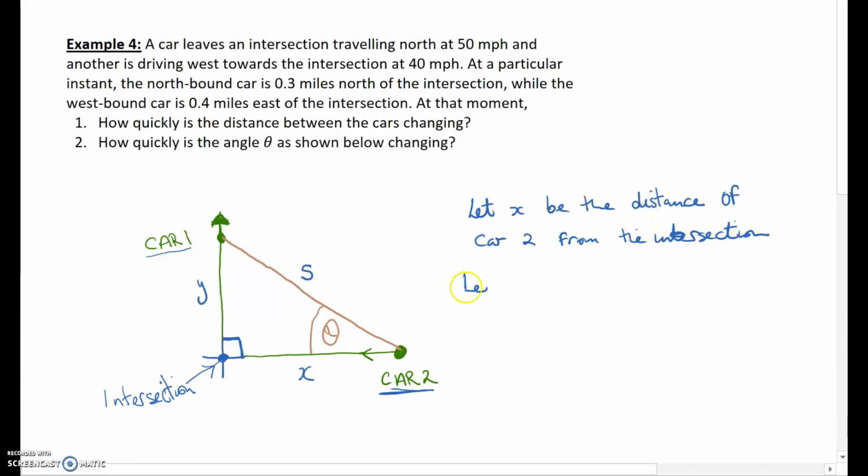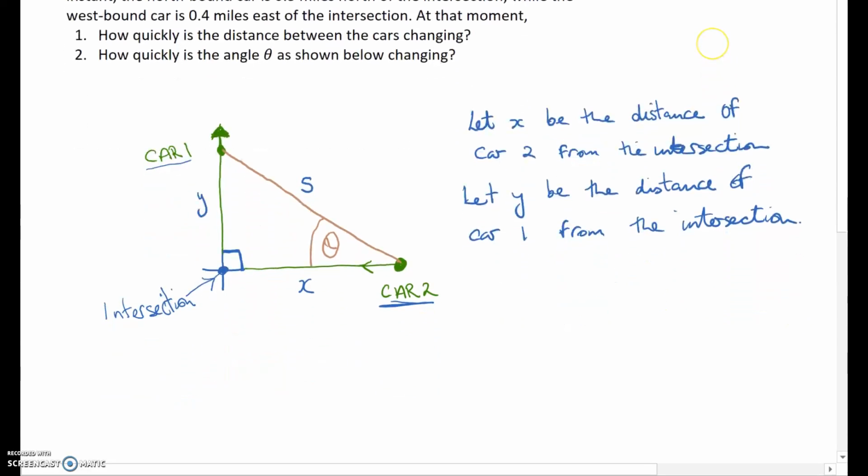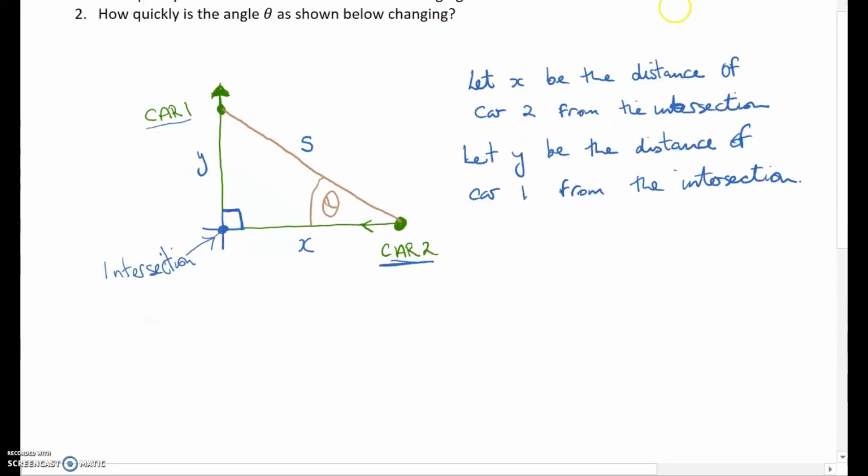And let Y then be the distance of car 1 from the intersection. Let S be the distance between the two cars.